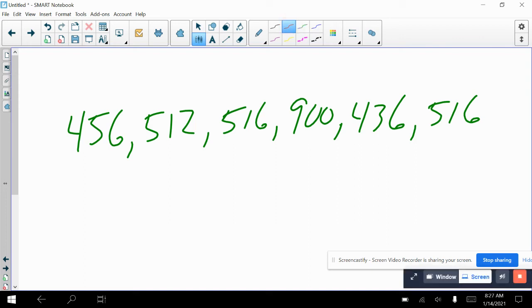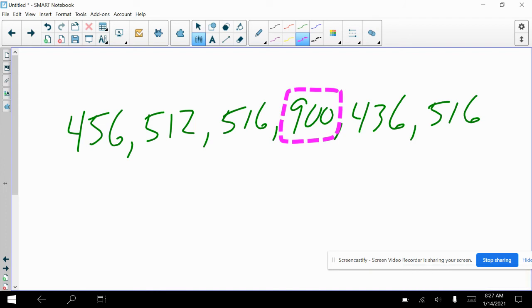Okay. So if we were to start with, what's the outlier here? Let's identify the outlier. Masa? 900 is our outlier. That is correct. It's either a number that's going to be really, really high, or it's going to be really, really low. Okay, so our other one was low. This one is high. All right, so if we find the mean with the outlier, that means we're going to add 900 in there.